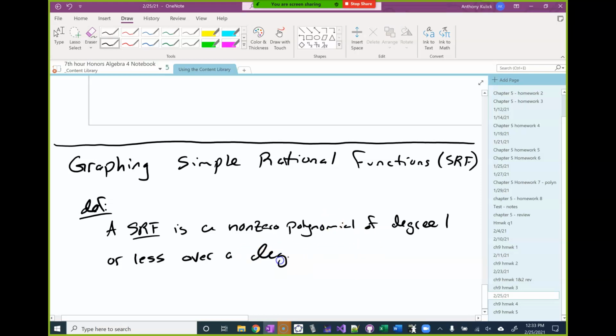So our simple rational function is a non-zero polynomial of degree 1 or less. Now, if it's degree 1, we don't need to say non-zero, but because it's or less, I'm going to say that because I don't want 0 as my numerator, because that's a stupid thing to try to graph since it's just a constant function, over another degree 1 polynomial.